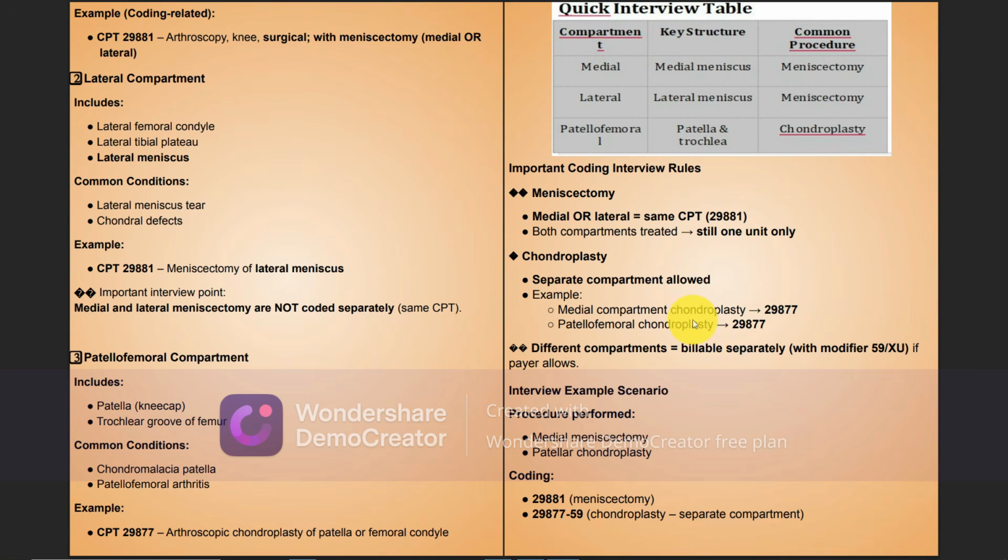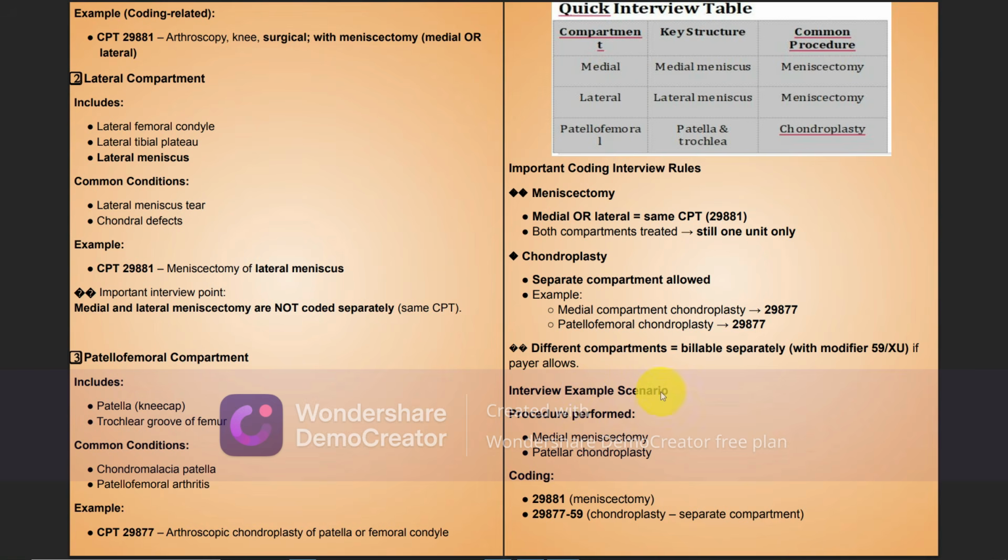Medial compartment chondroplasty code is 29877. Patellofemoral chondroplasty code is also 29877. Different compartments are billable separately with modifier 59 or XU modifier if payers allow, right? Payers depend on the insurance or payer guidelines, and we follow that.